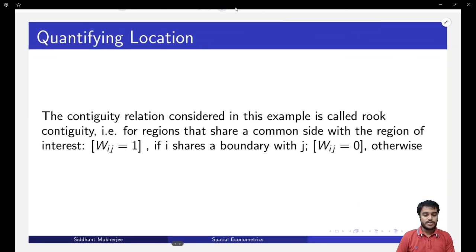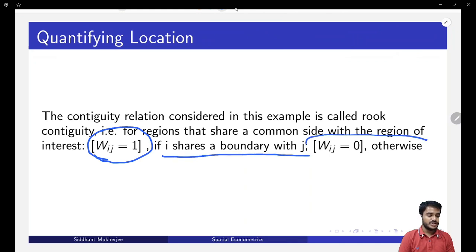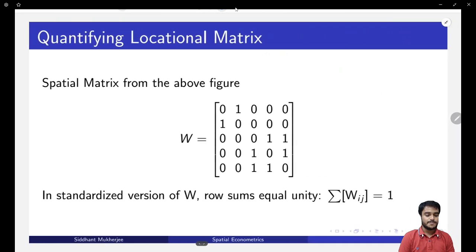By quantifying allocations, the contiguity relations consider the example of rook contiguity. For a region that shares a common border with the region of interest, wij equals 1 if i shares a boundary with j, and wij is 0 otherwise.